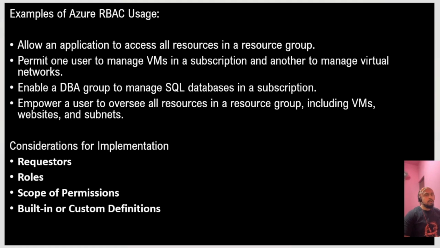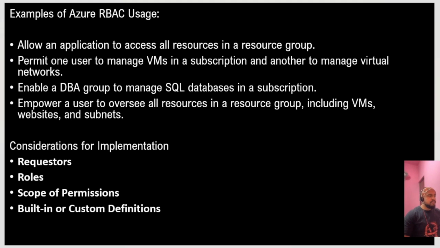there are things which you have to consider before implementation. Those are requesters, roles, the scope of permissions, and built-in or custom definitions. Let's talk about requesters. The strategy should be to plan for diverse access types from internal and external users, groups, applications, and resources. For roles, your strategy should be to align roles with job responsibilities and work scenarios, ensuring there are varied access levels for different user types.